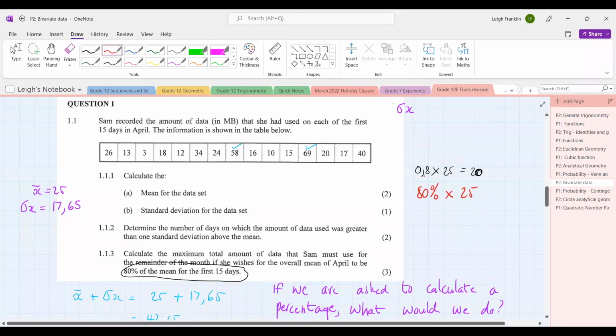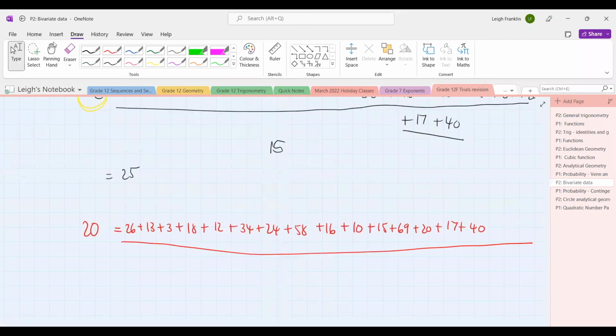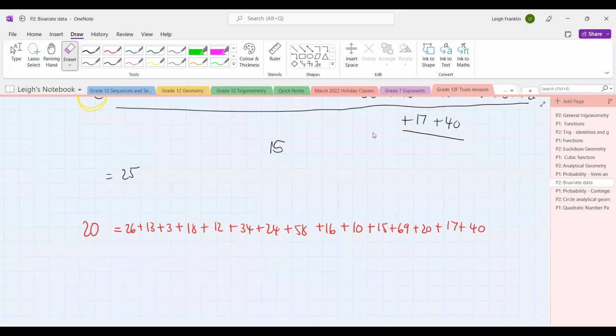That's where the 20 came from. All right, so how many days in April? I mean, what I'm asking you essentially is what are we going to divide by? We're still going to divide by 15. Are there 15 days in April? No, there's 30 days, exactly.